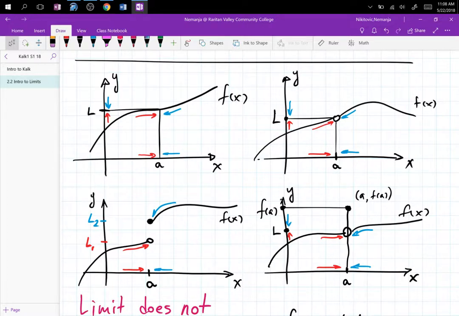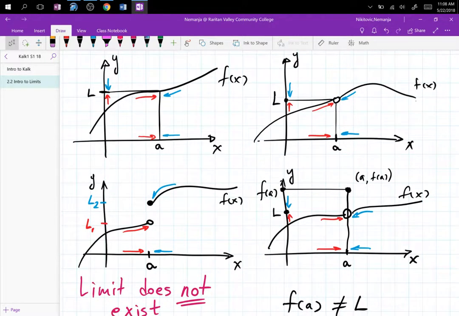Are the answers for pre-calc and calc, meaning computing functions and computing functions with limits, the same? Out of these four, only in one case is the calculation for the limit and the calculation for the function value the same thing, which is the top left picture.